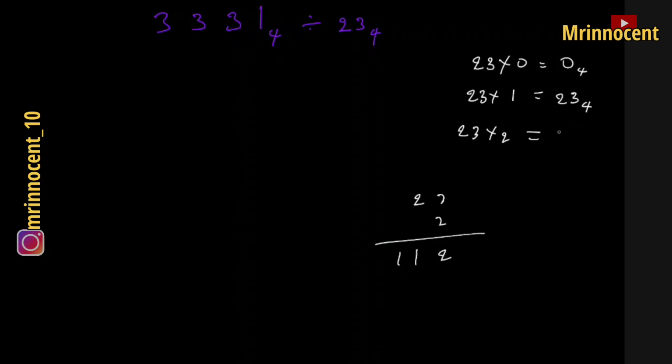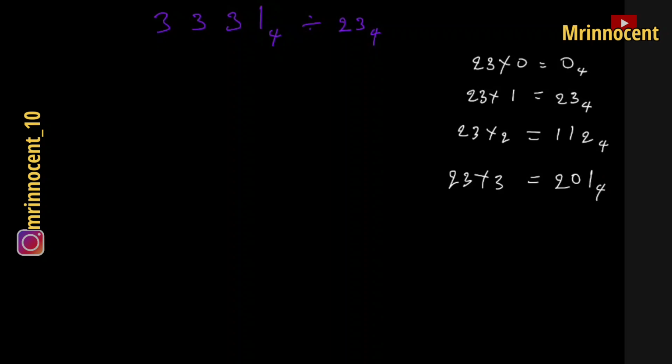So you have 112 in base 4. 23 times 3 equals 201 in base 4.